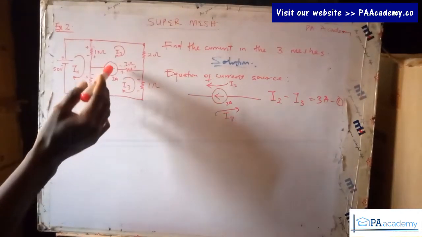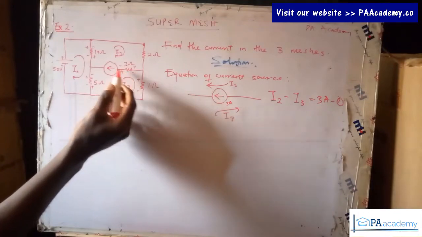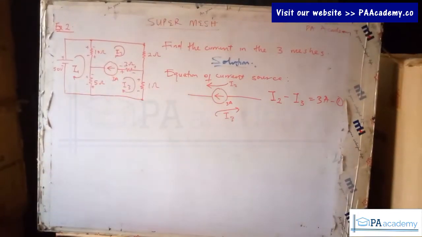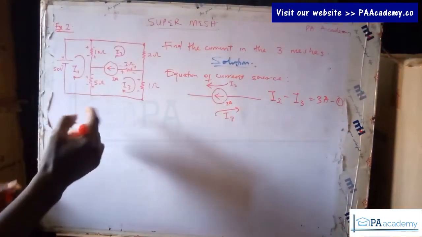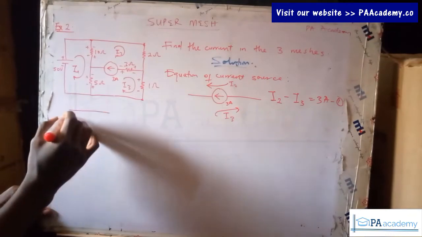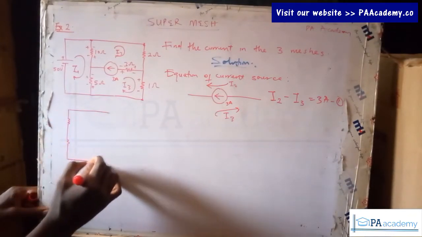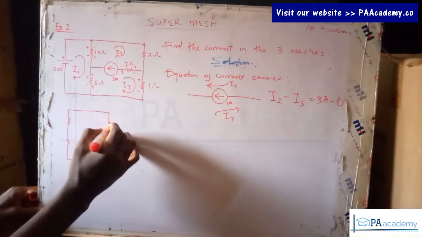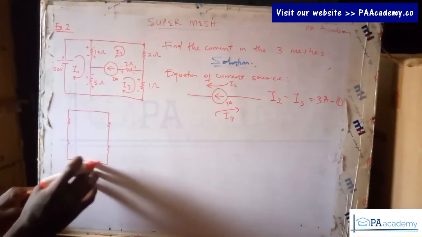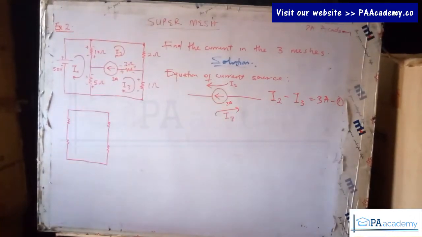But in this particular example, we have a resistor on the same line where we have the current source. So what do you think will happen here? Are we going to draw it? What happens to the 3 ohm resistor we have here?